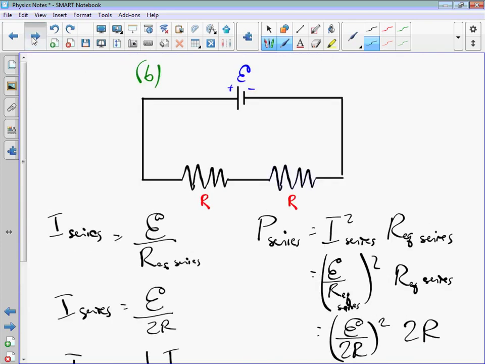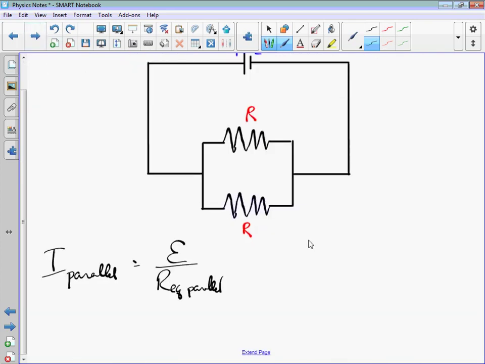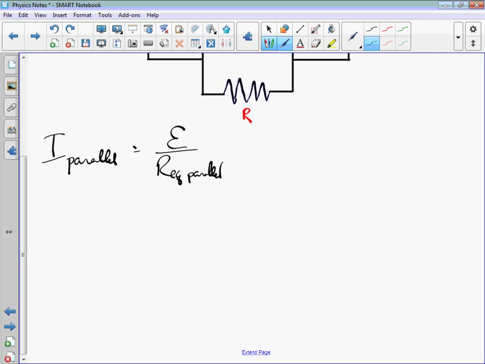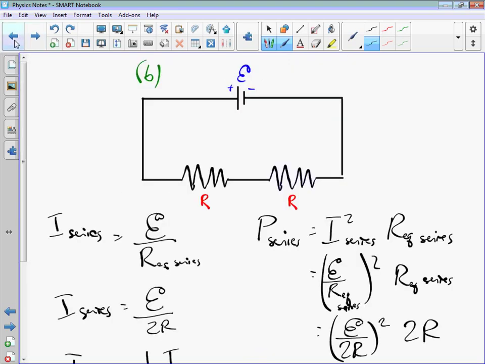So, moving forward, this is equal to my current in parallel. If I do some rearranging, I have to relate this to the current of the one bulb system. What was the current of the one bulb system?